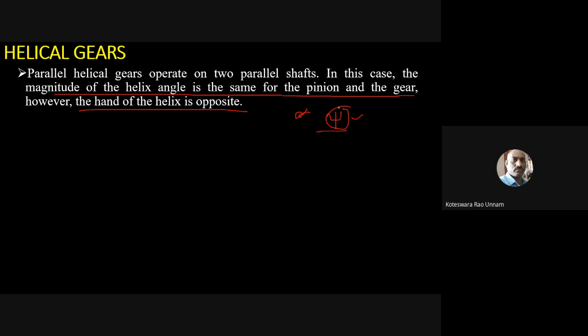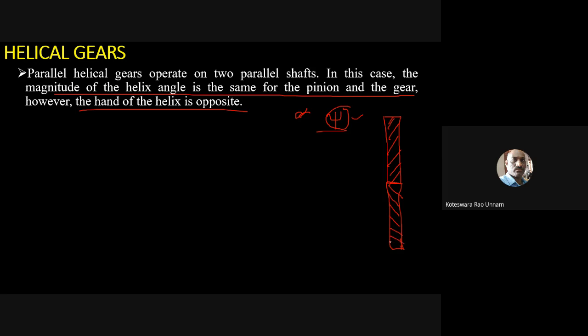So both pinion and gear should have the same helix angle, and also the hand of helix should be opposite, as I already showed in the figure. Suppose the pinion has a right hand helix, then the gear should have a left hand helix, and vice versa. So if for this it is a right hand helix something like this, then this one should have a left hand helix like this.